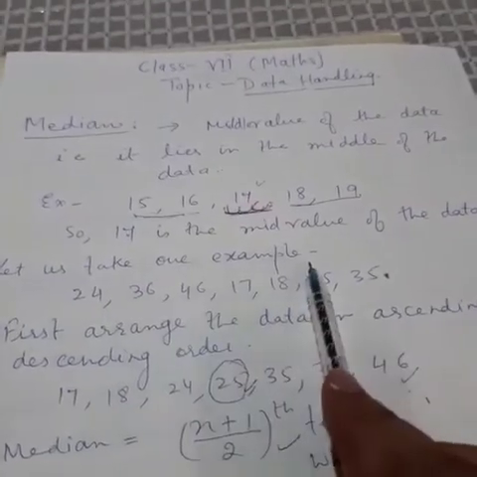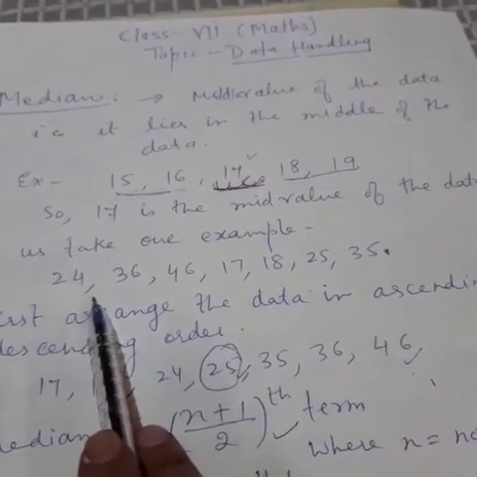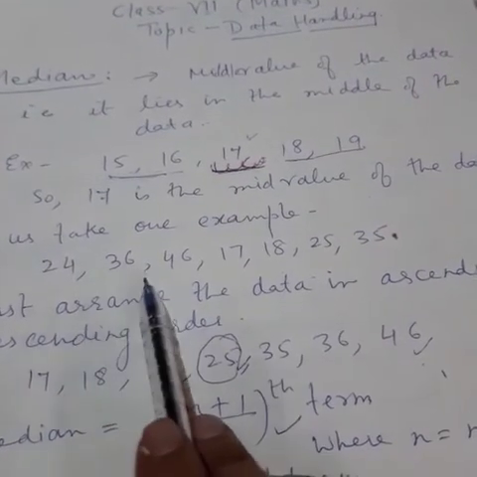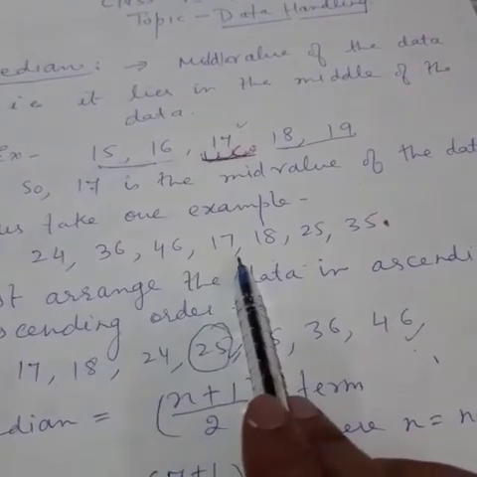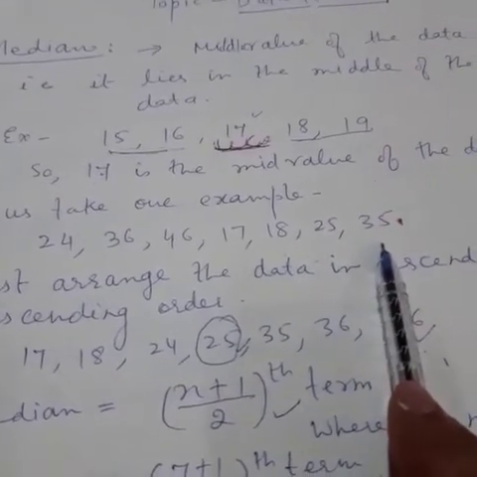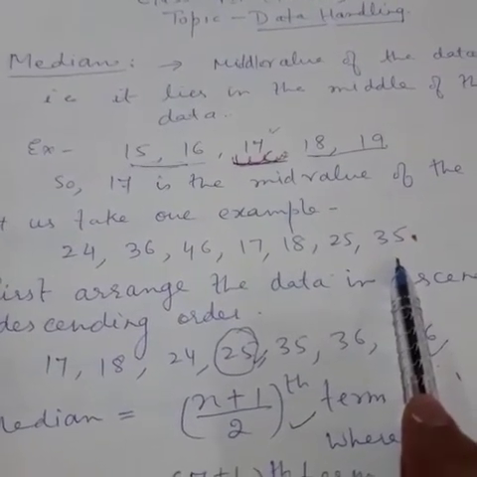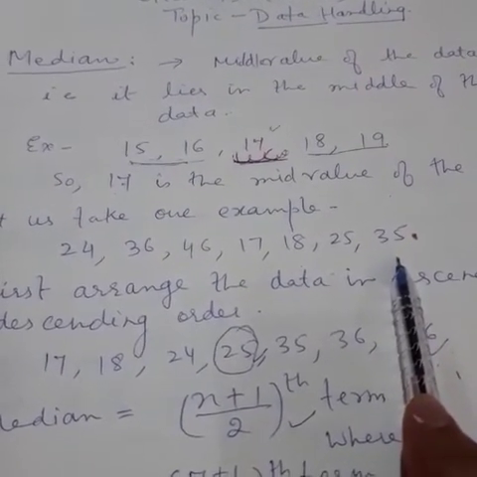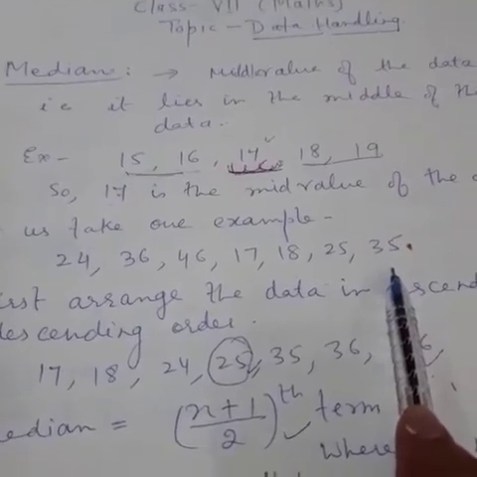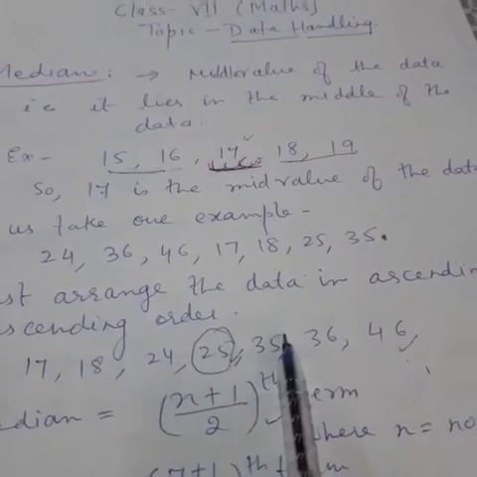Let's take another example, children. Here is another data: 24, 36, 46, 17, 18, 25 and 35. We should remember that before finding the median of the data, we will arrange the given data in ascending or descending order.